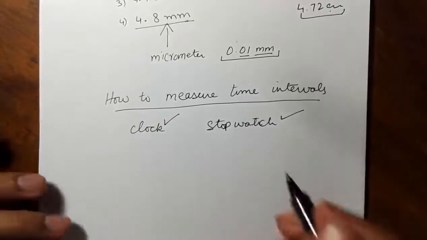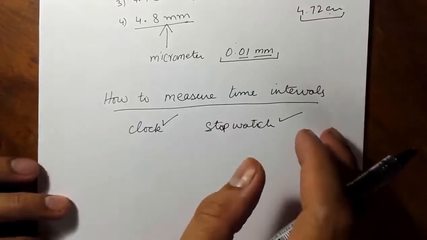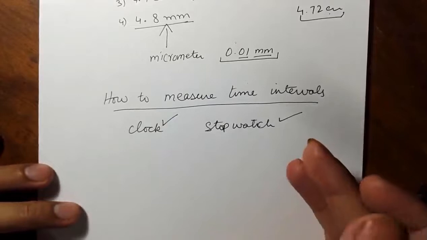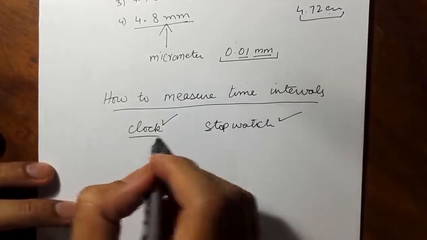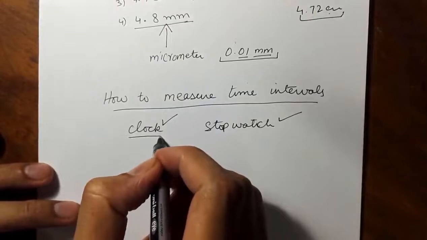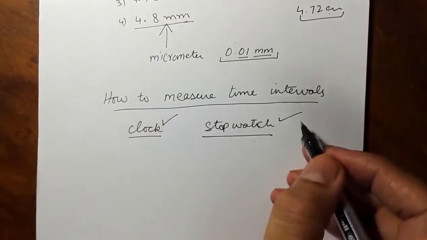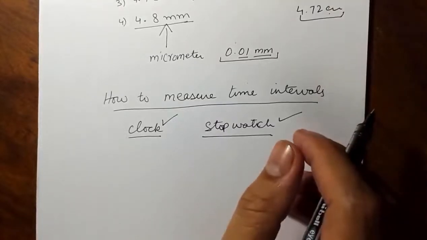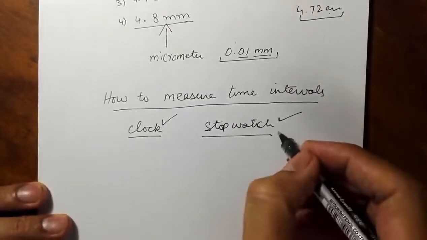Let's suppose we have to measure the time of a journey from one city to another, so it will obviously be in hours and minutes. So clock is a more suitable option for that. Moreover, if we have to find out the time for a 100-meter race, or 100-meter lap, stopwatch will be more suitable.